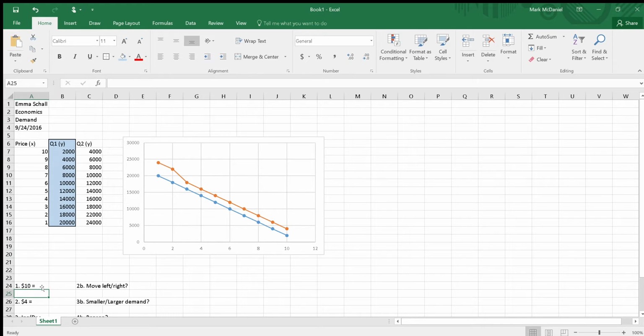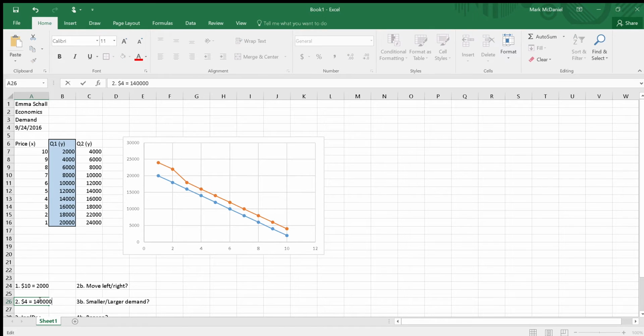This first question asks basically how many are demanded at $10. So we're going to look at this. We're going to see 10, it's going to be 2,000. Then they ask how many are demanded if we decrease the price to $4. So we're going to come down here and decrease the price to $4, and we see that the quantity demanded increases to 14,000.